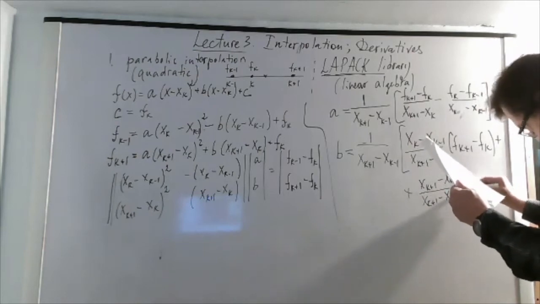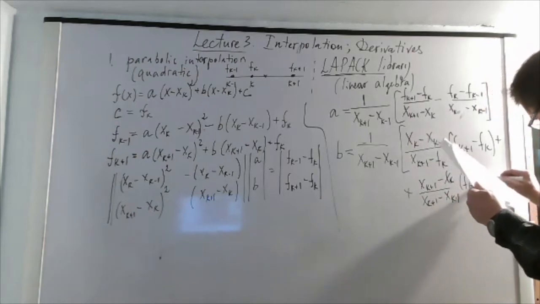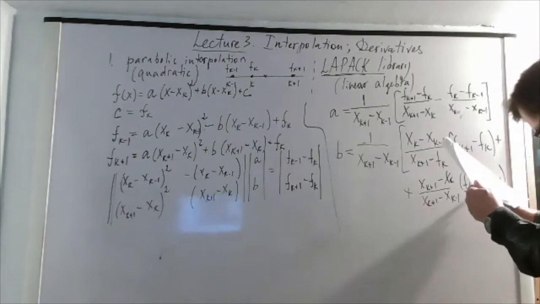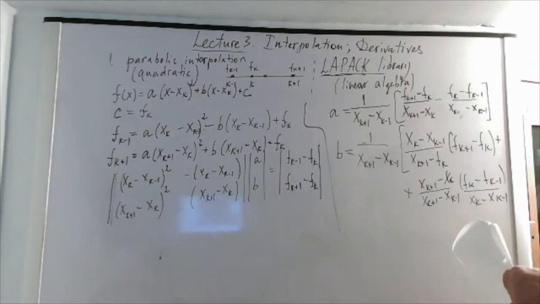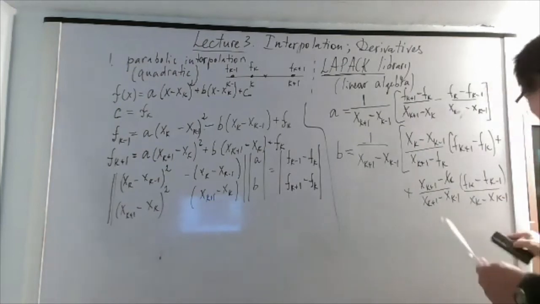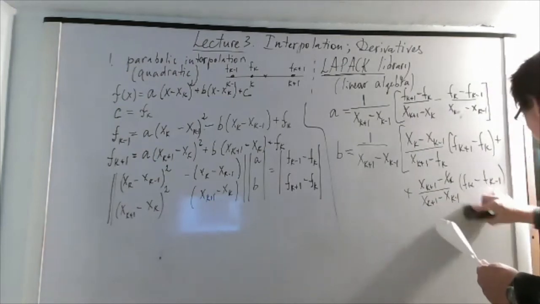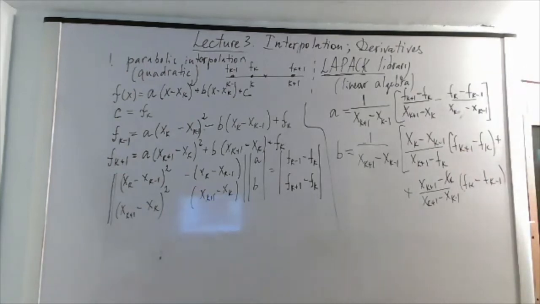And here is fk minus fk minus 1 divided by xk minus xk minus 1. Oh, actually, I already wrote it. Yeah.